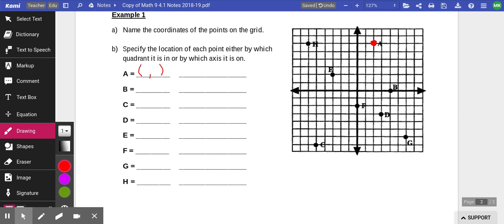Point A, away from the origin, which I'm going to draw in bright purple here, has gone 2 units to the right. So that means it's gone 2 to the right.